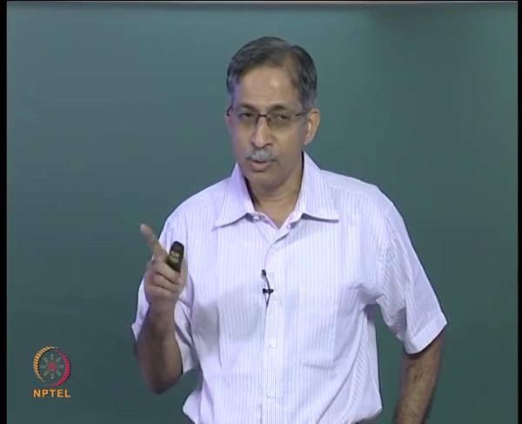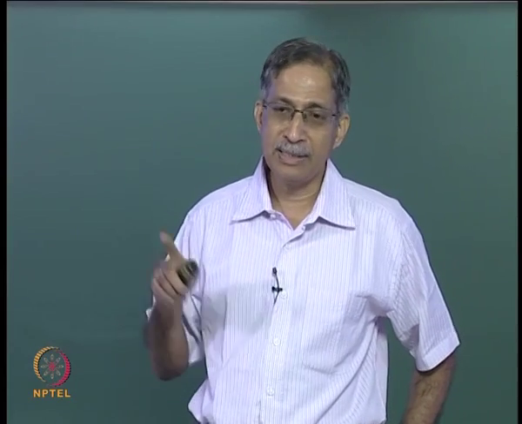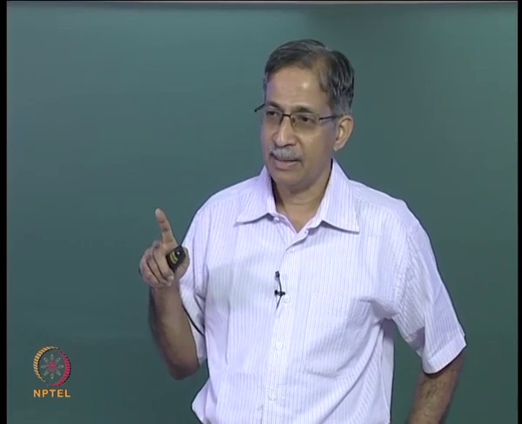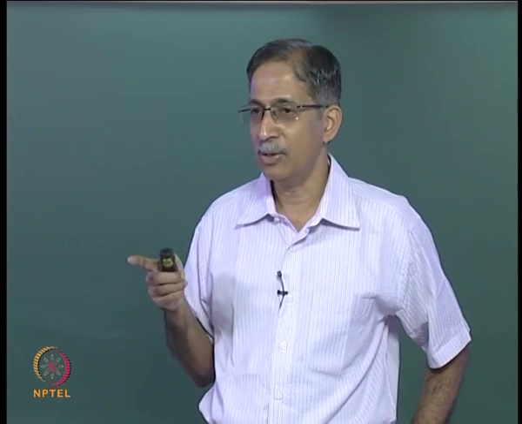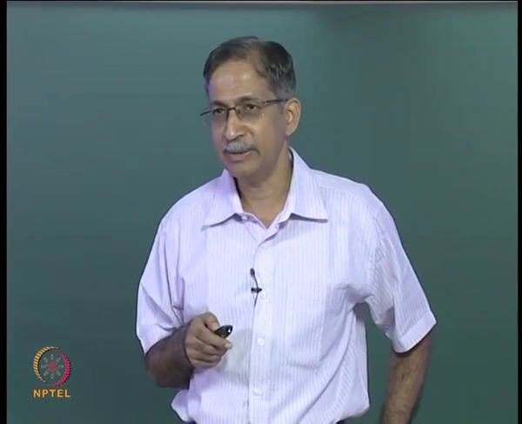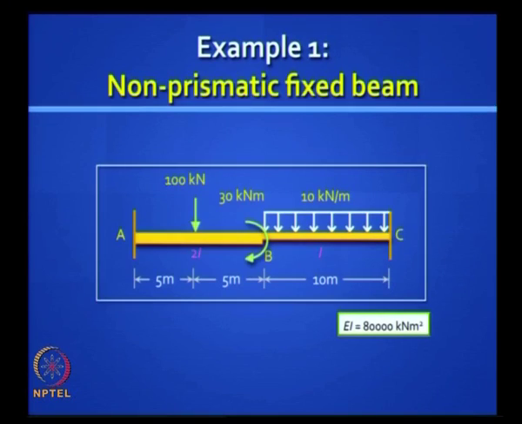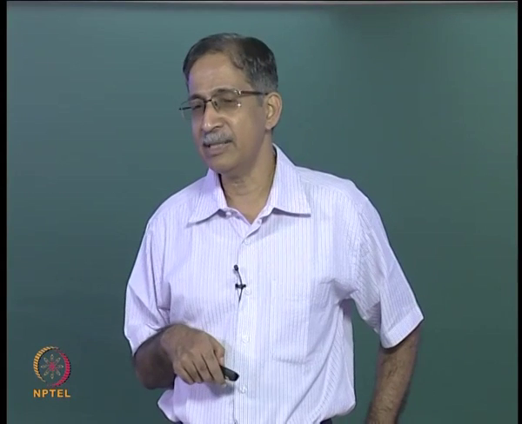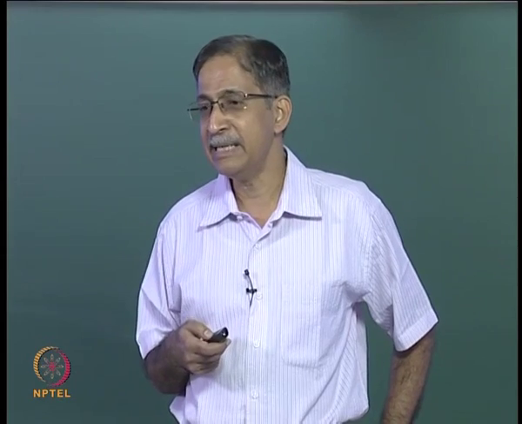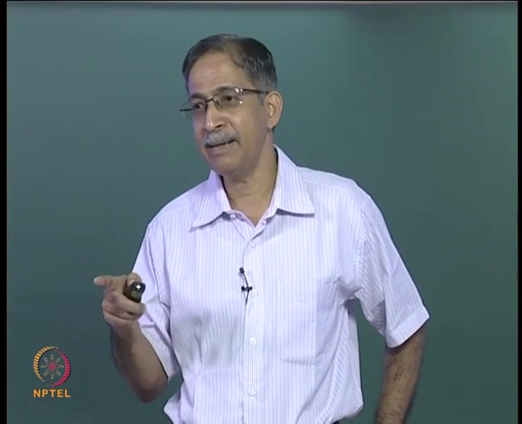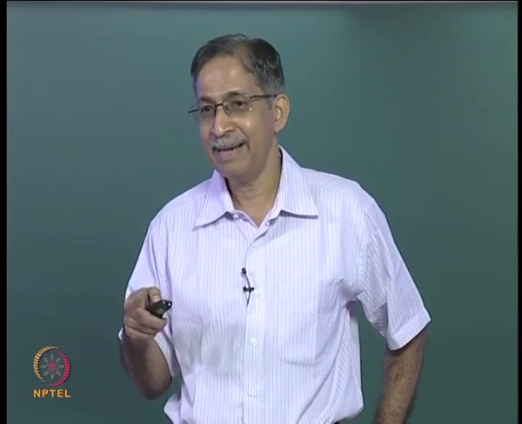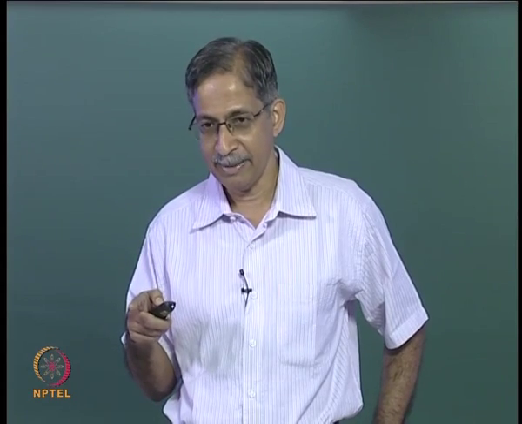Usually it is 0 unless you have an externally applied known value of a concentrated moment. So we have done this, we have taken advantage in terms of reduced kinematic indeterminacy when we applied the slope deflection method and moment distribution method, remember.